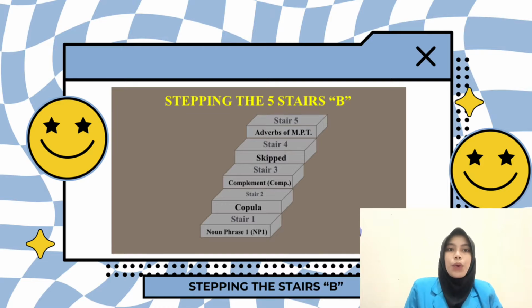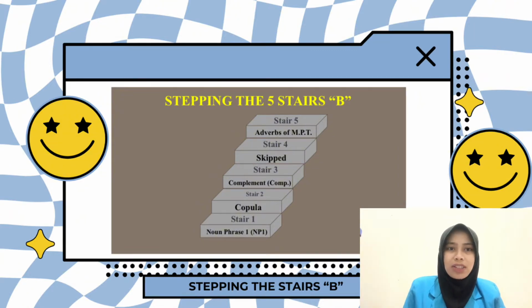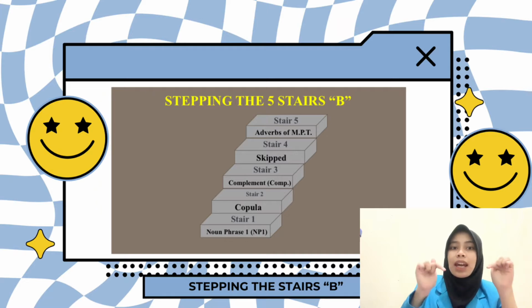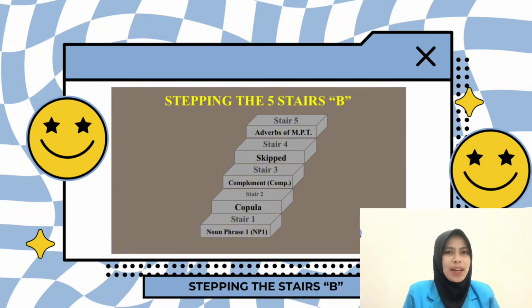Imagine we are climbing 5 stairs. Each stair represents one part of a sentence. Here is the structure of stepping the 5 stairs B. The first one is a noun phrase, or we call it NP1, or the subject.